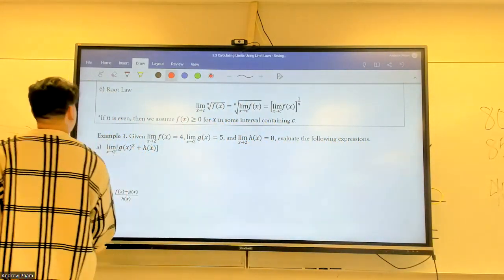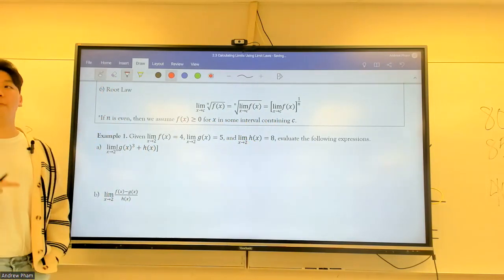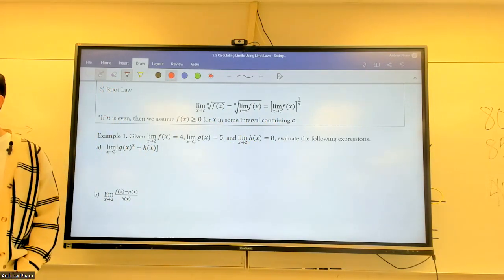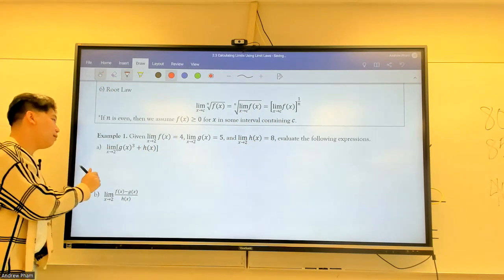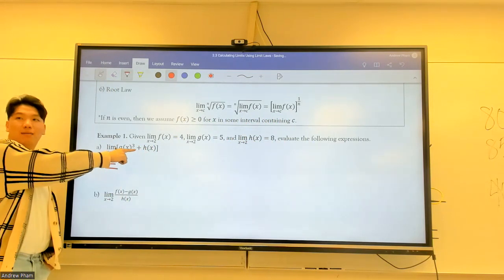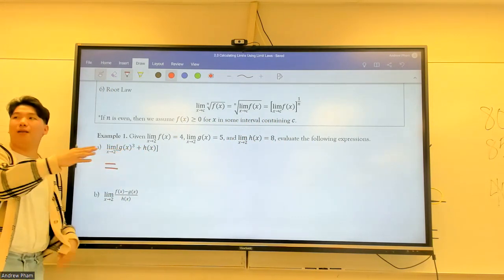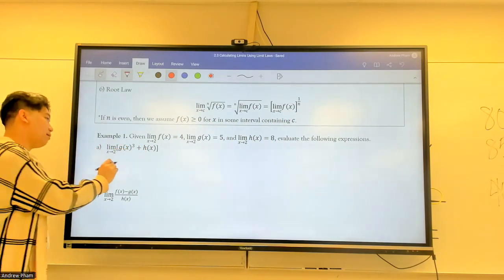So what I'm going to be doing here is I'm going to be writing it step by step. Of course, I'm not going to be expecting y'all to necessarily put the step by step on the actual exams later on. So the first thing I can probably go ahead and do is I have a sum. I know if I take the limit of a sum, I can split this apart into its individual pieces.